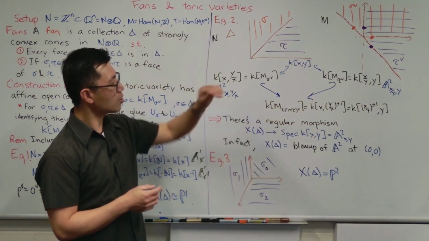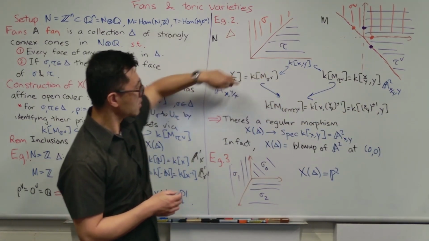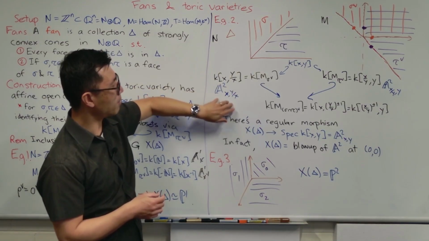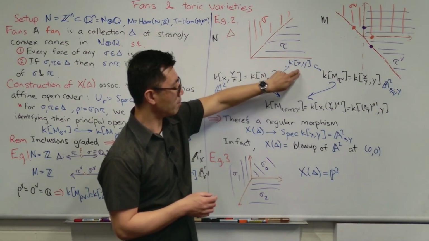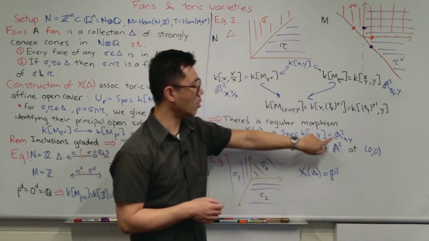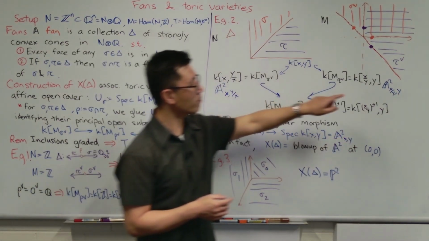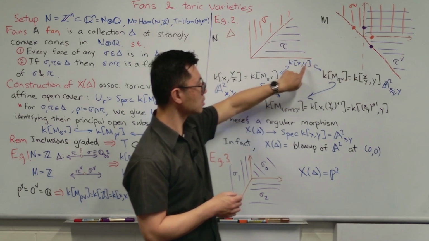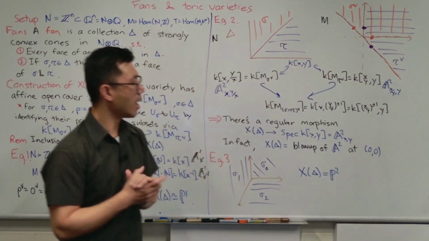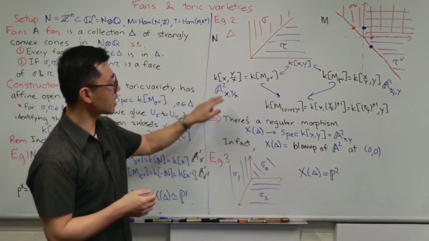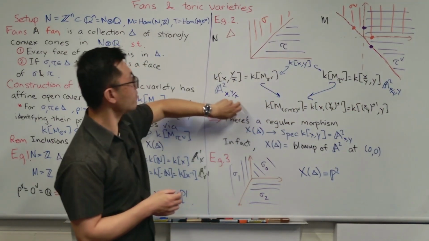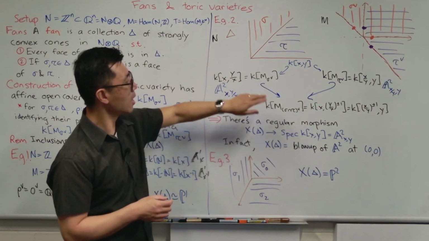So that means that you have a map from this copy of the affine plane to this copy of the affine plane, spec k[x, y], which is A2 with coordinates x and y. And similarly, you have a map from this copy of the affine plane to this copy of the affine plane. And on the intersection of these two, as an open cover of this X delta, they agree.